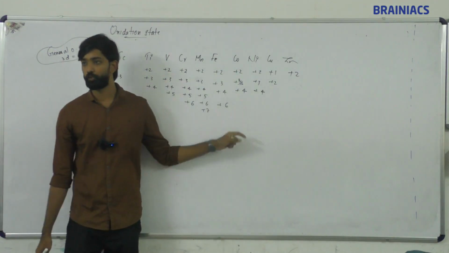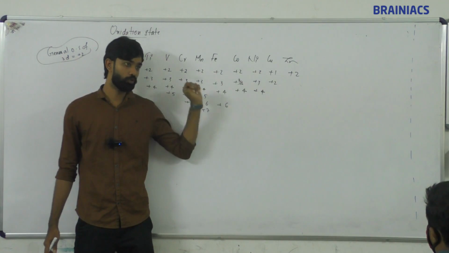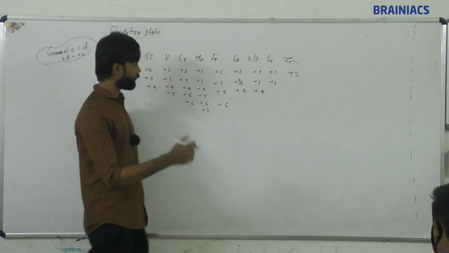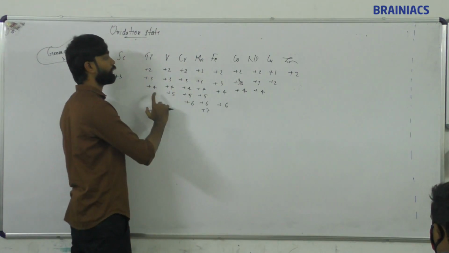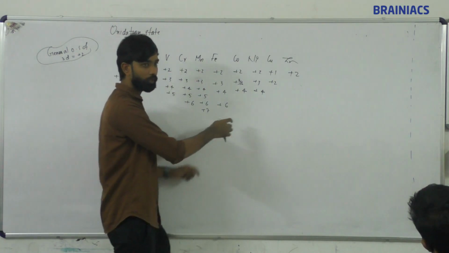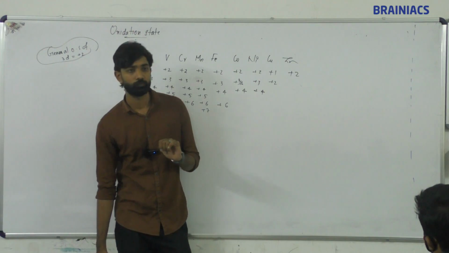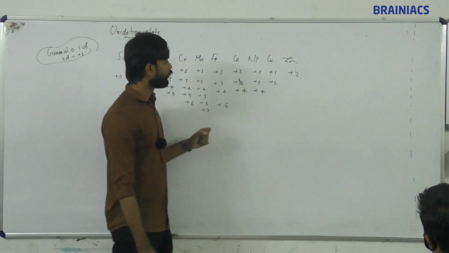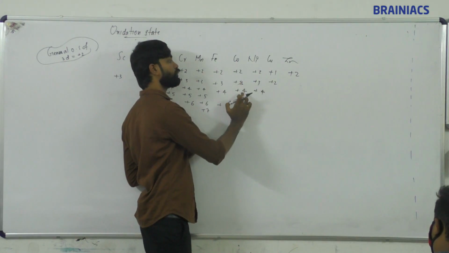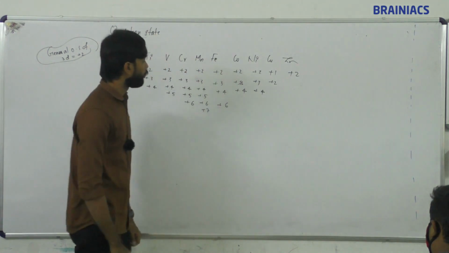This is given in your textbook, so questions may come from this. It is clear that from left to right the possibility of showing maximum oxidation state increases and then decreases, based on the availability of unpaired electrons. Beyond iron, the tendency to show maximum oxidation state decreases.